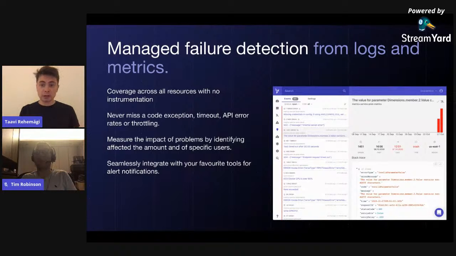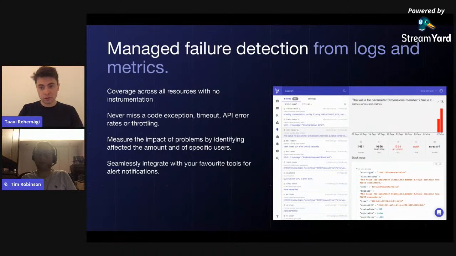Another thing, as soon as you onboard to Dashbird, is we start discovering your resources and ingesting data for them. For example, if you have 1,000 Lambda functions or 100 functions, it doesn't matter.